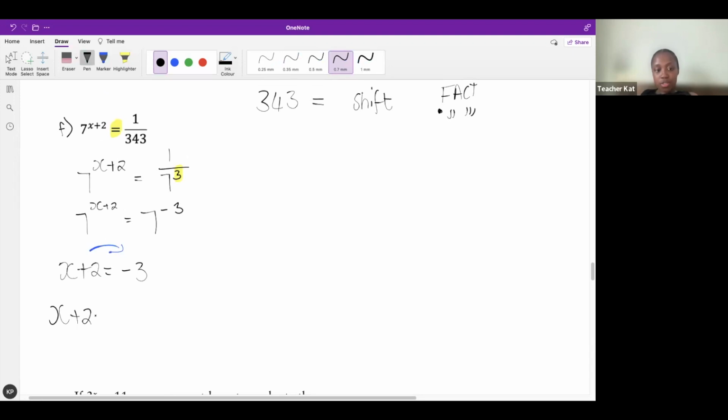Subtraction. So x plus 2, you're going to minus 2 this side. What's plus 2 minus 2? 0. So the 2's are gone. So you're left with, therefore, x is equal to negative 3 minus 2, which is going to give us a negative 5. Beautiful.